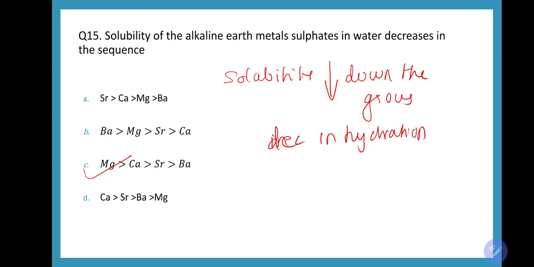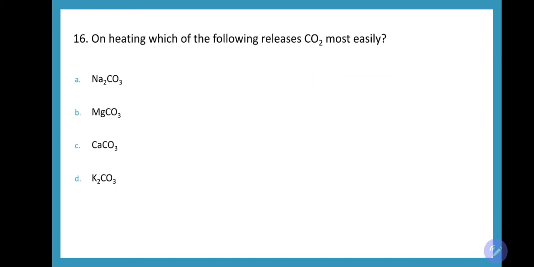The next question is, on heating, which of the following releases carbon dioxide more easily? Whenever you're talking about which compound on heating releases carbon dioxide easily, remember the stability of carbonates.